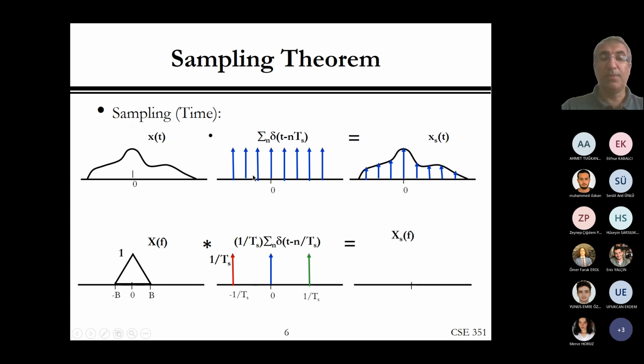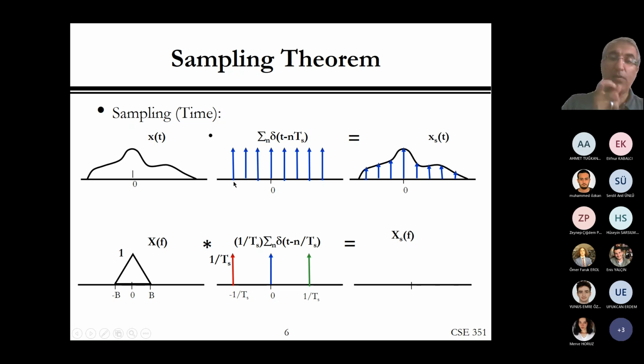So what does it mean mathematically? I'm going to multiply with this impulse train. The duration between each of these two impulses is equal to Ts, which we call the sampling time.